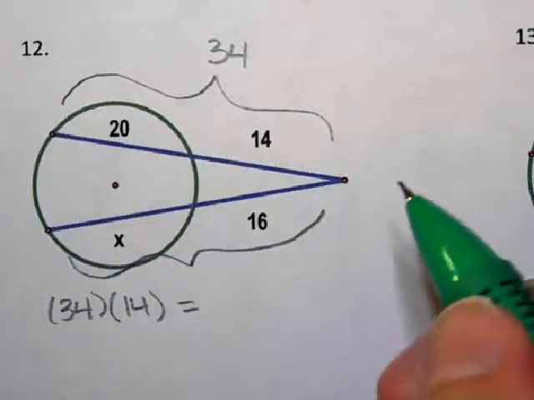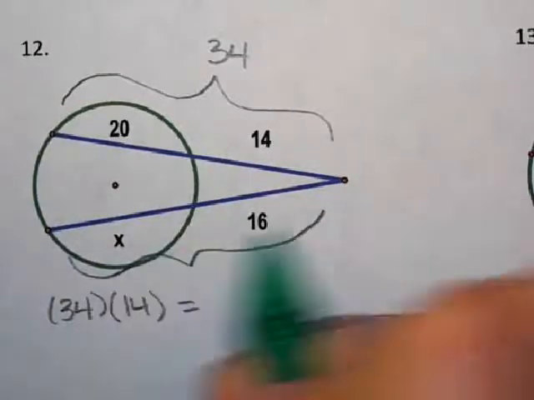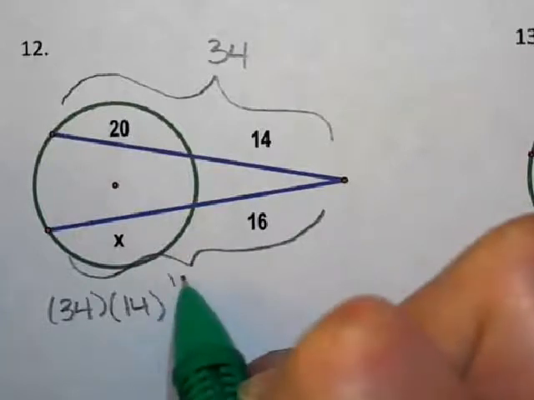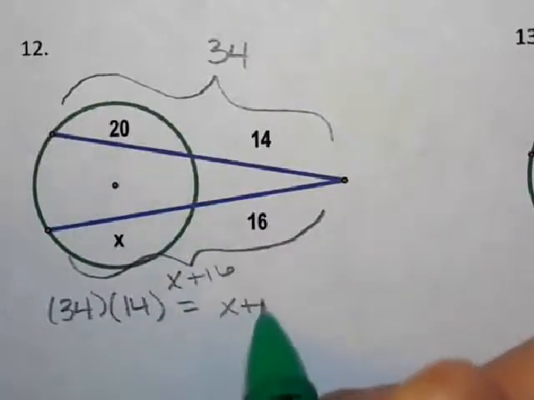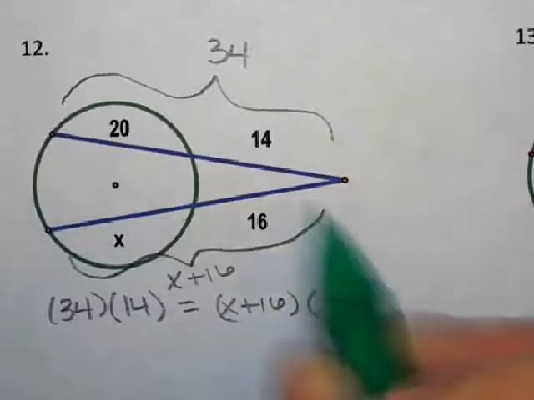What's this entire length? X plus 16 times the portion outside. Okay.